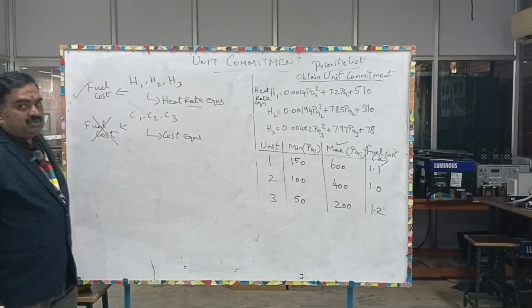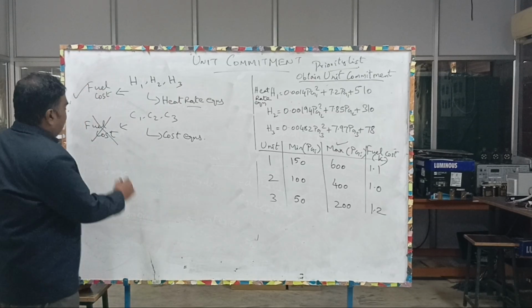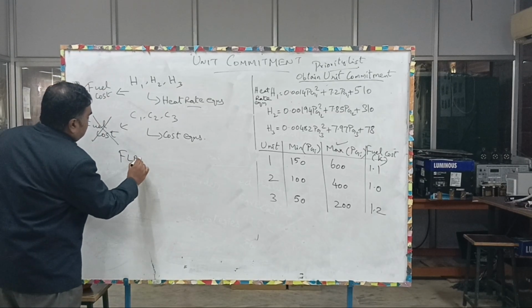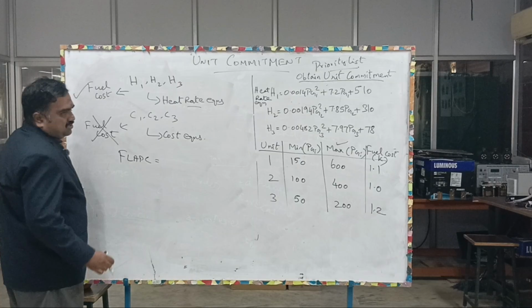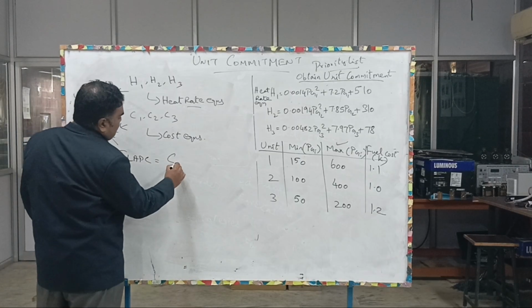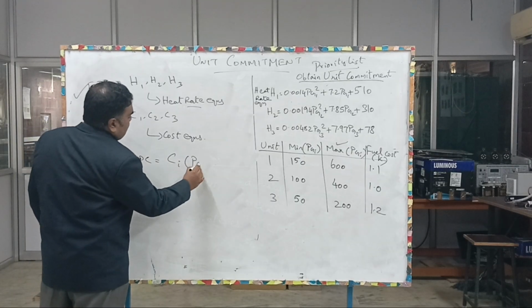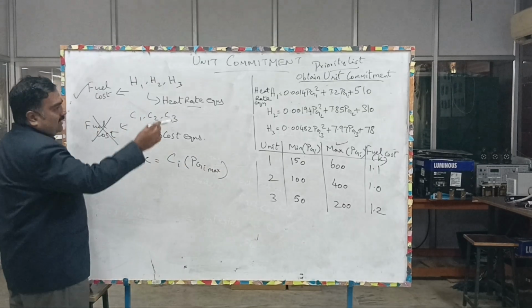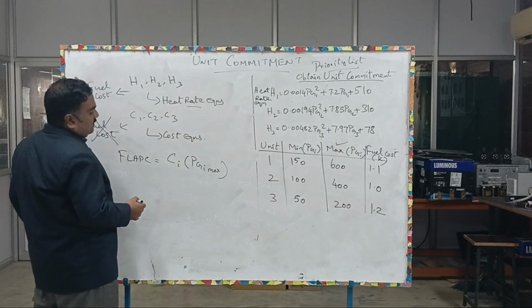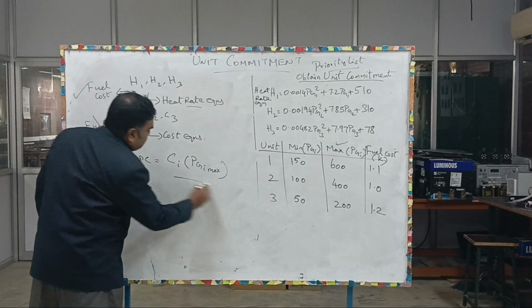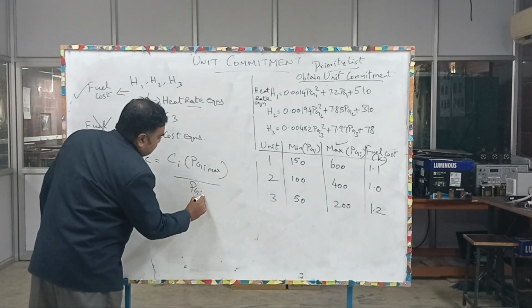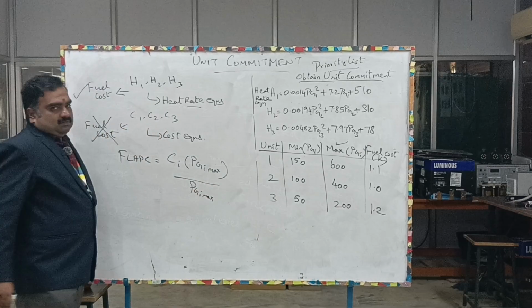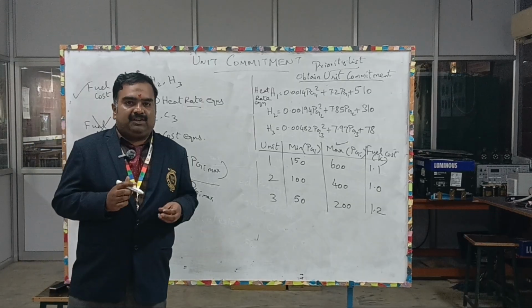So, while calculating your FLAPC, that is full load average production cost, you will directly substitute the maximum generation in the cost equation divided by the maximum generation. So, this you have to keep very much clear in your mind.